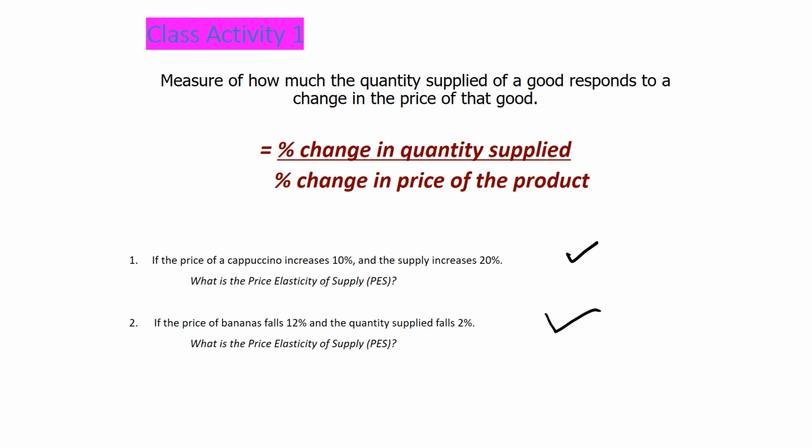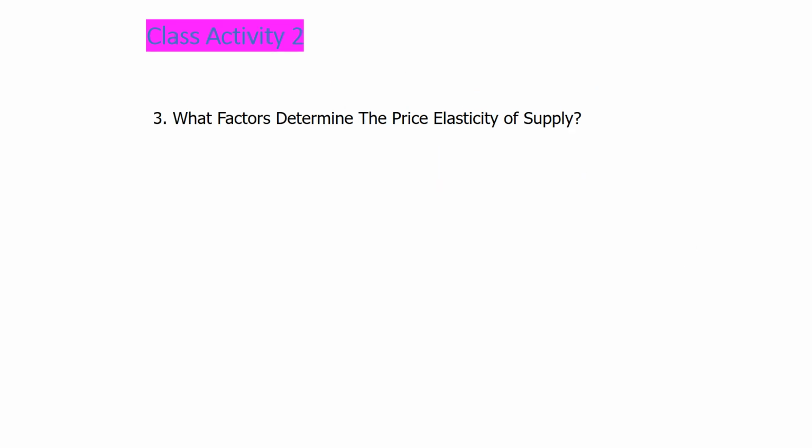Question 2 says, if the price of bananas falls 12%, quantity supplied falls 2%, what is the price elasticity of supply? So use our formula. Don't forget, percentage change in quantity supplied divided by percentage change in price. Do this, and this is your first class activity for the week.